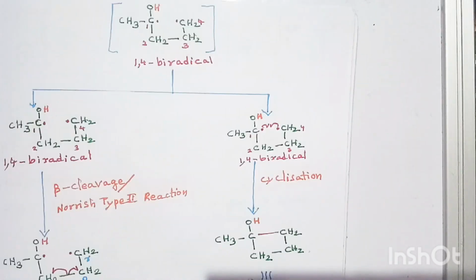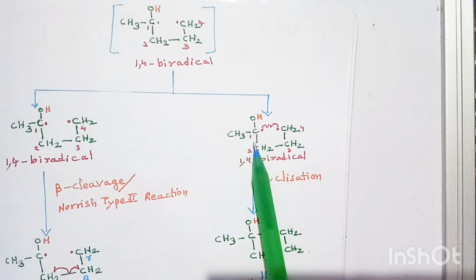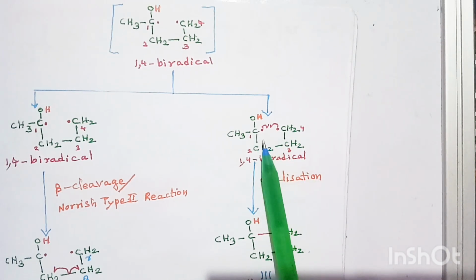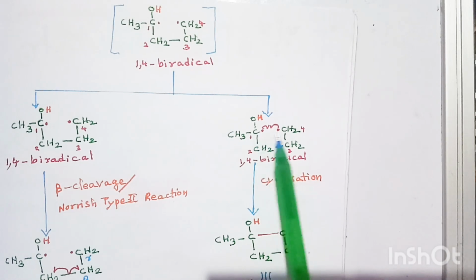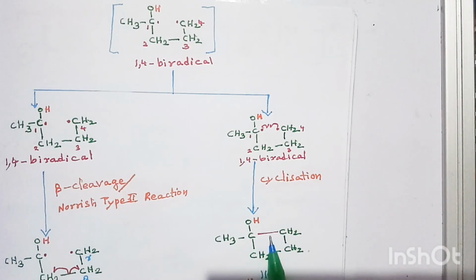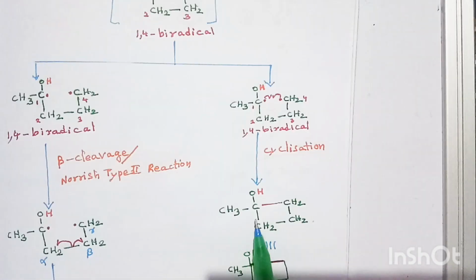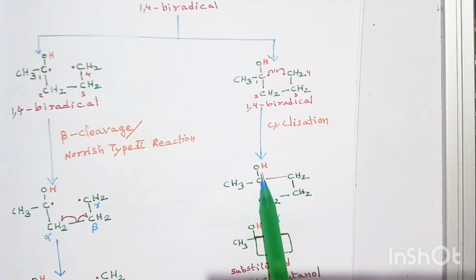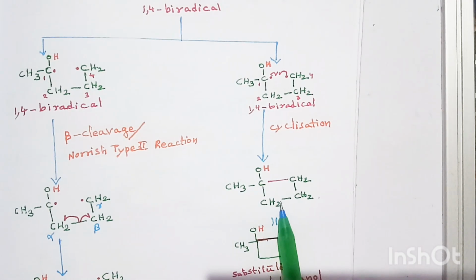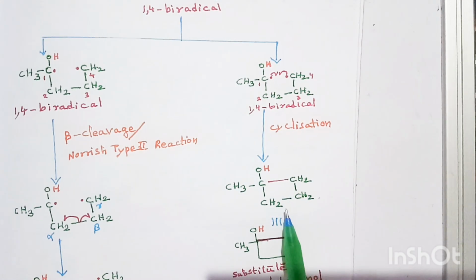Now let us see the cyclization reaction of this 1,4 biradical. This is the 1,4 biradical. The first radical and the fourth radical will join together to form a bond between them. So as a result, we get a new bond here. So we get CH3 COH CH2 CH2 CH2 with a new bond. This is nothing but butanol.